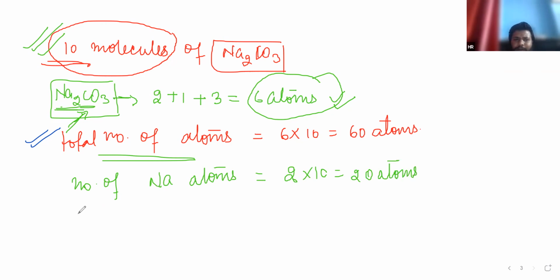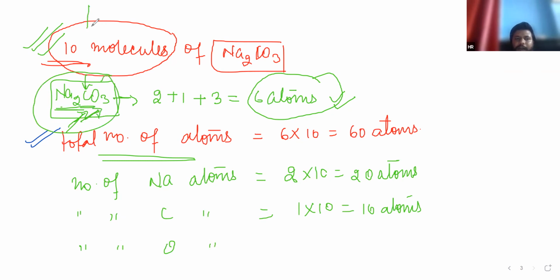Got it, Arsalan? Now number of carbon atoms. In one molecule, only 1 carbon is present. Then in 10 molecules, we have 10 atoms. Number of oxygen atoms. In one molecule, 3 oxygen atoms are present. Then in 10 molecules, we have 3 into 10 equals 30 atoms of oxygen. Is that clear, Arsalan? Yes, sir.